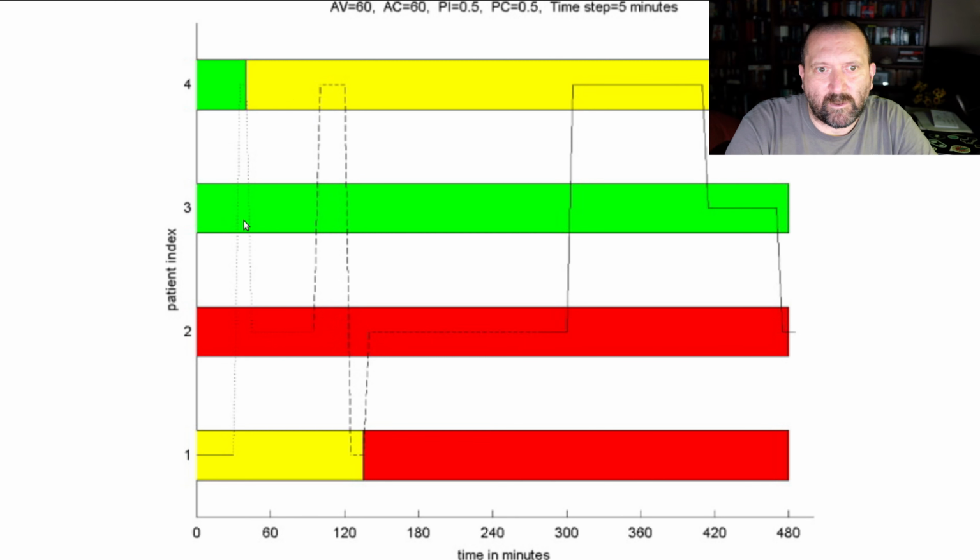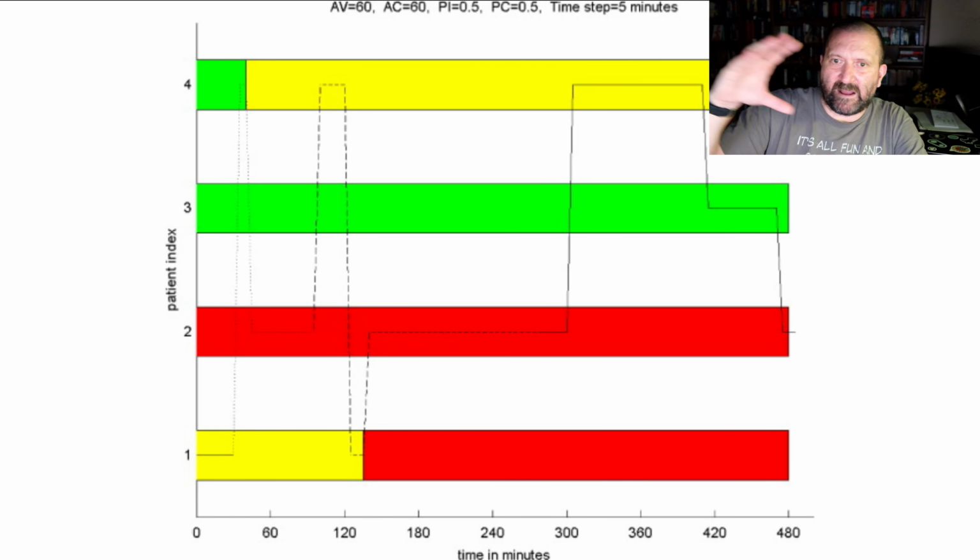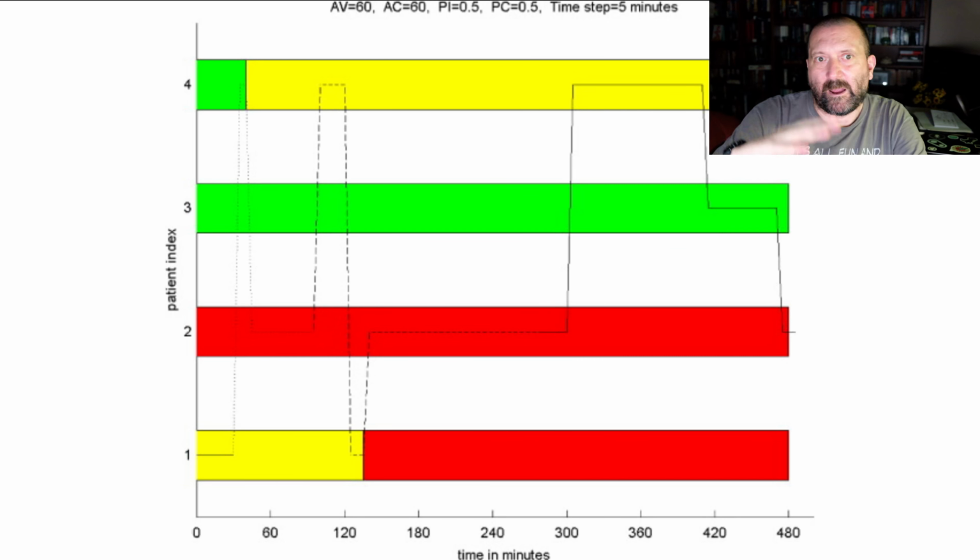Then that healthcare worker goes to see this new patient, number 2, who is a patient infected with the resistant strain. They deal with that patient for some time, then they go back to see number 4. They spend some time with them, but this time they are not transmitting the resistant strain to them. However, when they go to patient 1, they transmit the resistant strain, and so on. So you can see how you can have activity like this described through time. You can repeat that for many healthcare workers, many patients, and so on.